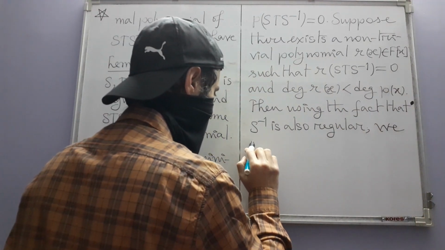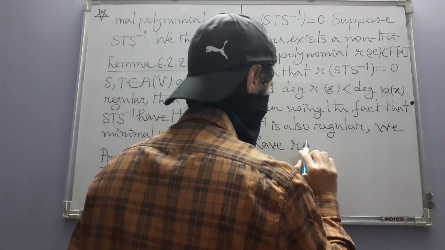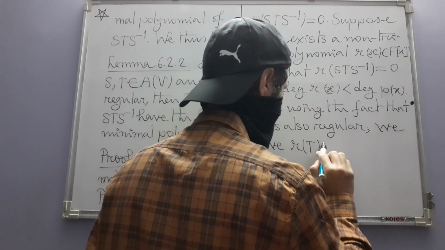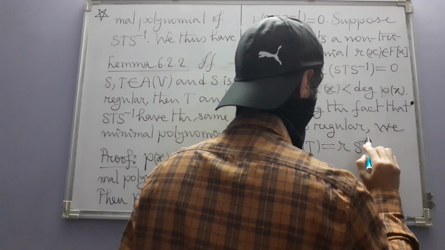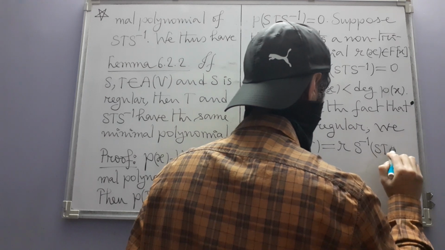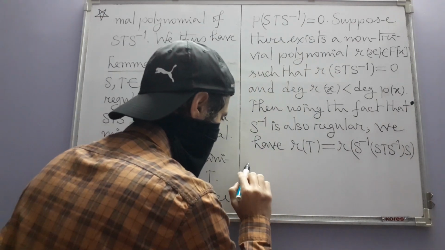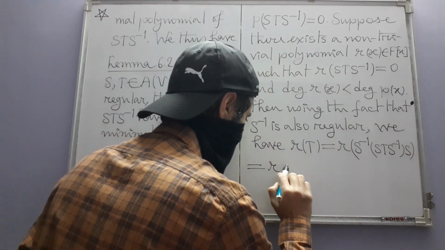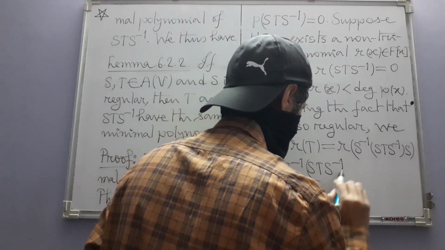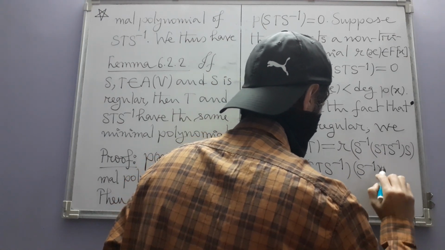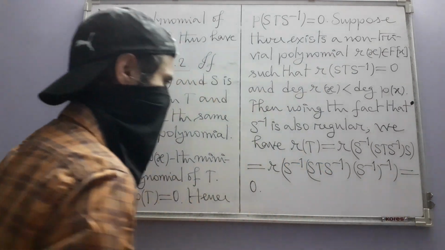We have this: R of T is equal to R of S inverse STS inverse S, which is also equal to R of S inverse, STS inverse, S inverse inverse, equal to 0.